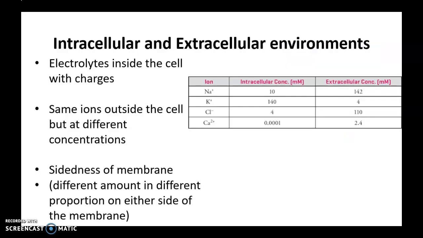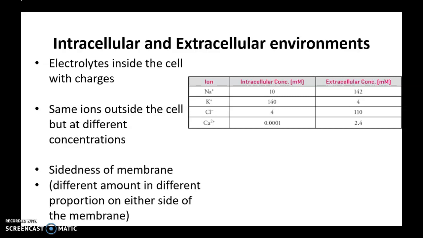Moving on to another very important concept. In order to appreciate resting membrane potential, we must understand the difference between intracellular and extracellular environment. Now, the question is, what do we find inside the cell versus what do we see outside the cell? Well, we have electrolytes inside the cell, right?